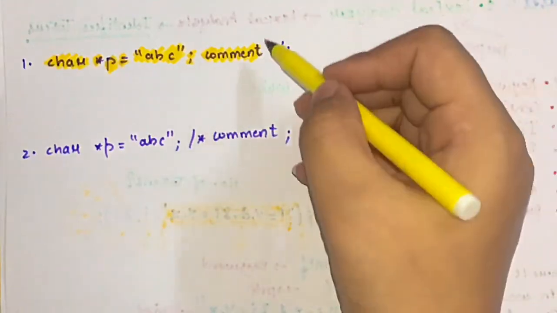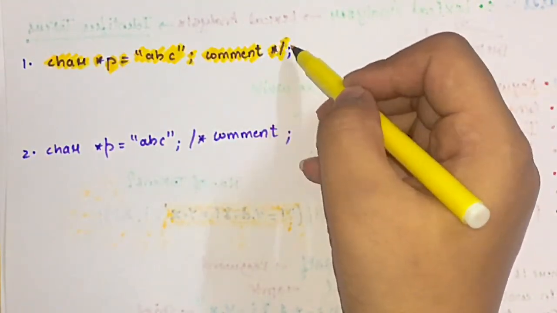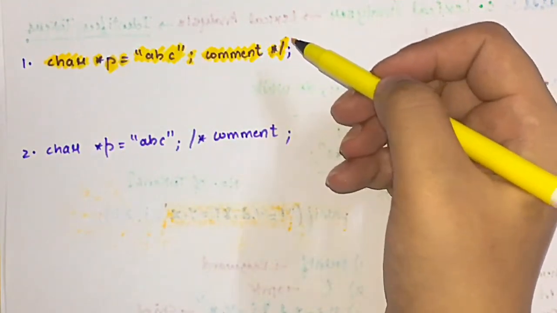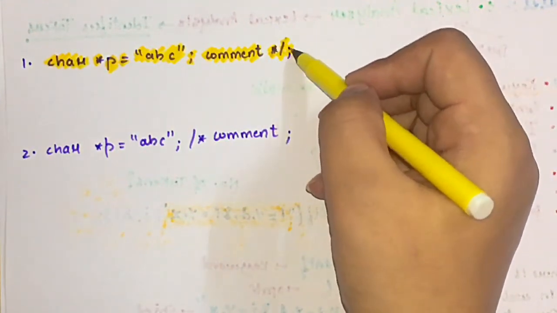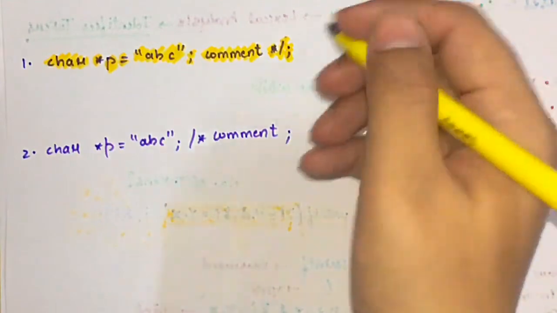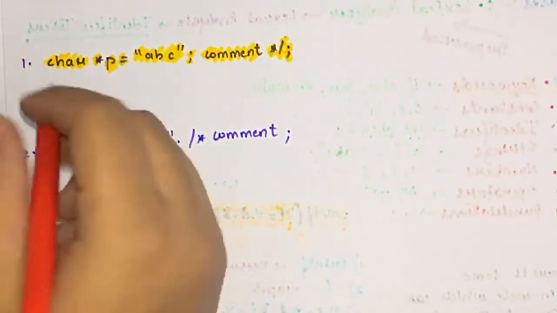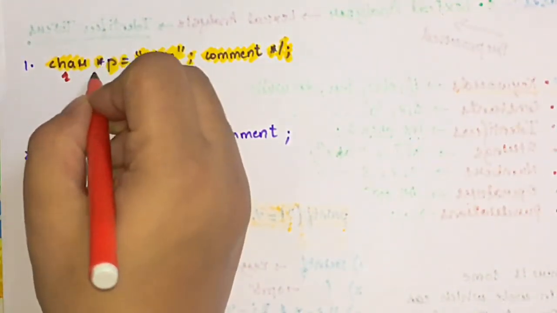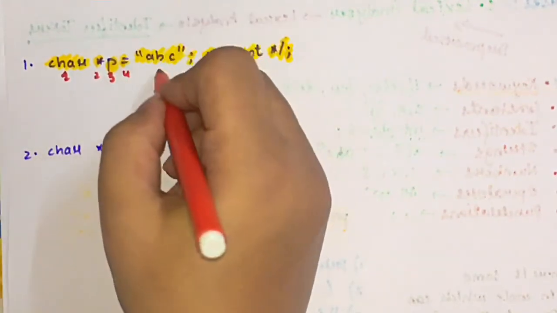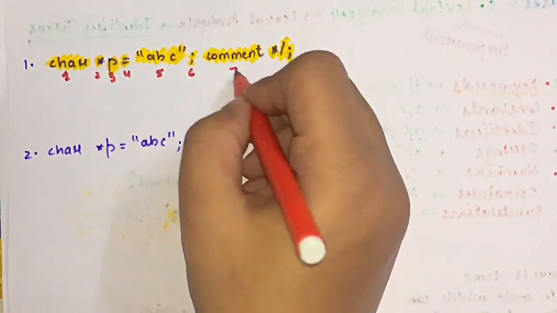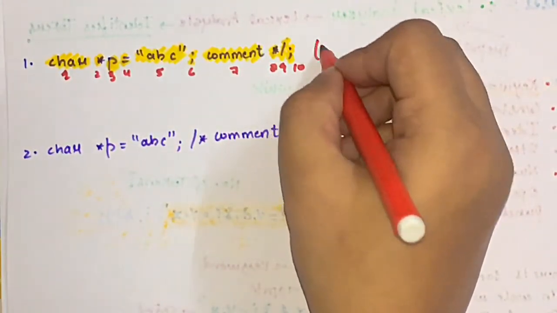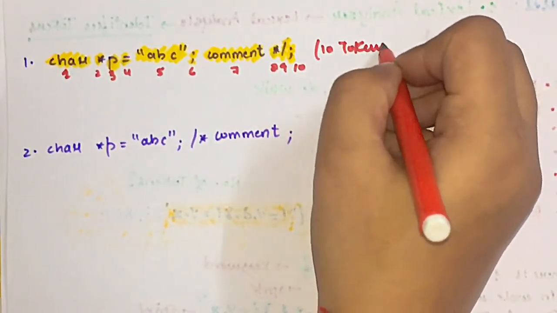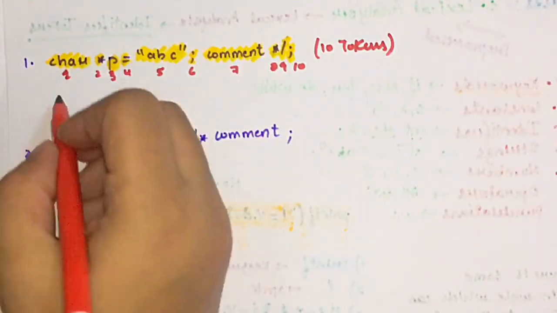Asterisk and divide will be considered two different tokens under the operator category, and semicolon is punctuation. So how many tokens will be there in this line of code? 1 2 3 4 5 6 7 8 9 and 10. So 10 tokens will be there, hence there will be no lexical error in this code.